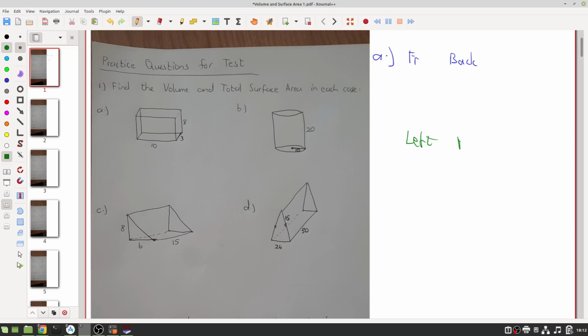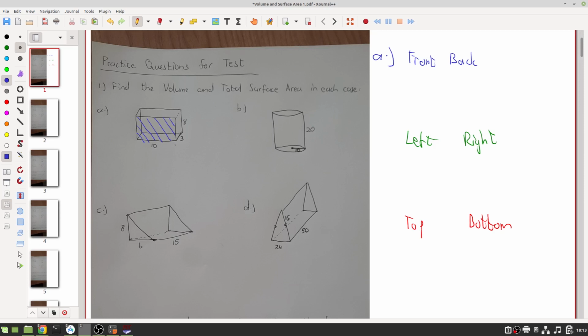We also want the top and the bottom. So those are all 6 sides of our cuboid. Let me just write the front here. So for the front, let's say that's this part here.